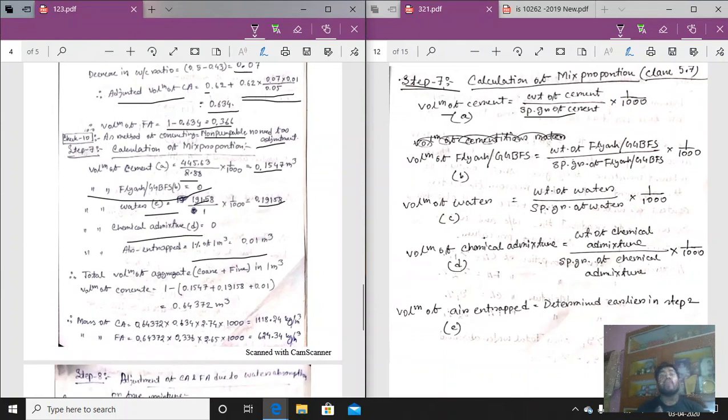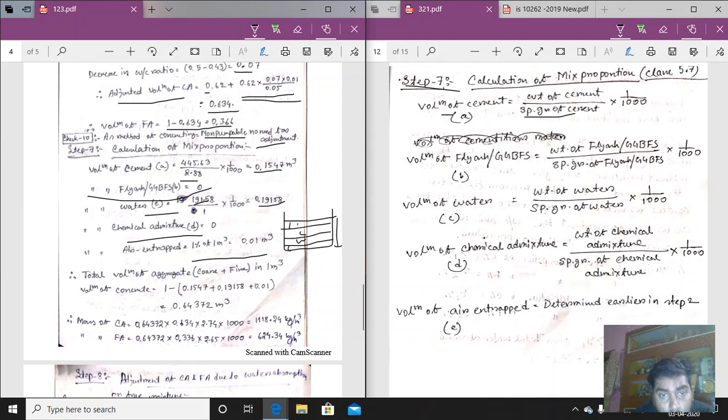So we have got the volume of the cement, the volume of the water, and the volume of the air content. Now we have to find the total volume of the aggregate in 1 meter cube of concrete. For example, consider this is the total volume of concrete, 1 meter cube, this is cement, this is water, this is air.